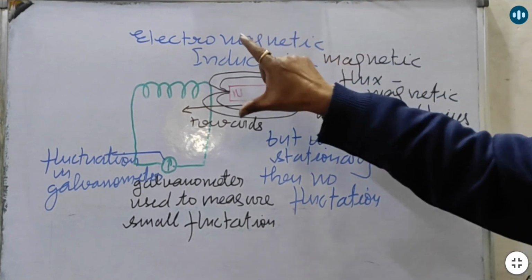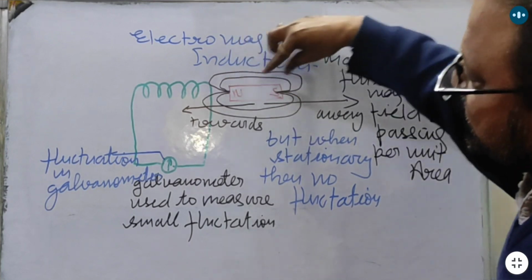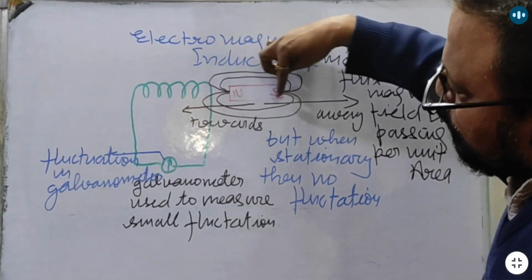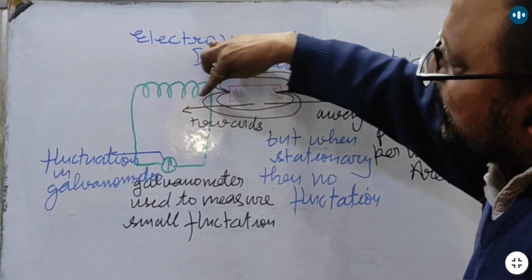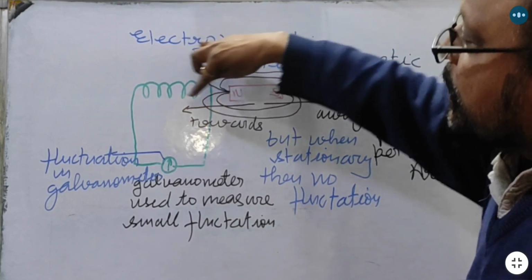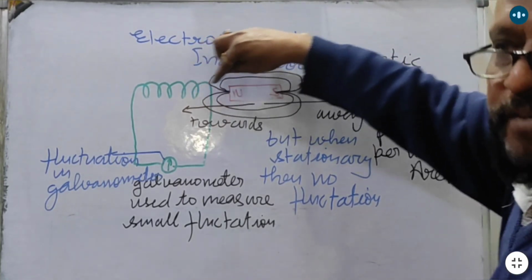That is known as magnetic flux, right? So when you see here, this is the magnet. When you are bringing it close, then magnetic field lines are increasing, right? And when it is going away, then the magnetic field lines will decrease.